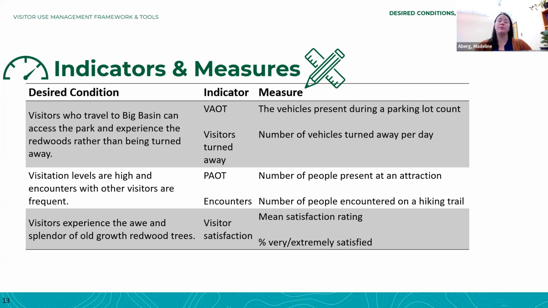What this might look like in practice in the actual survey instrument is that you might have a question that asks visitors to rate how satisfied they were with their experience viewing the old growth redwood trees on a scale from -2, which is very unsatisfied, to 2, which is very satisfied. And then here's an example where we have different potential measures to use for that indicator. So we could look at either the mean satisfaction rating or at the percent of our survey respondents who are very or extremely satisfied.